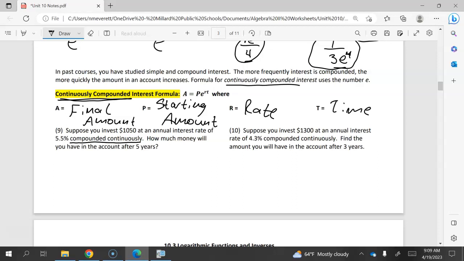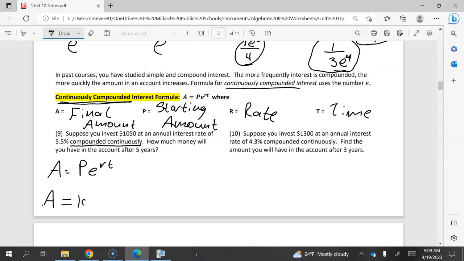So suppose you invest $1,050, annual interest rate of 5.5%, compounded continuously. How much money will you have in the account after 5 years? So, set up our formula here. Final amount, which is what we're trying to find. Starting amount, P, that's the 1,050.